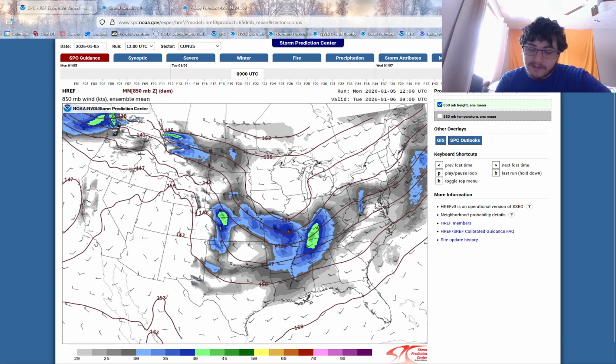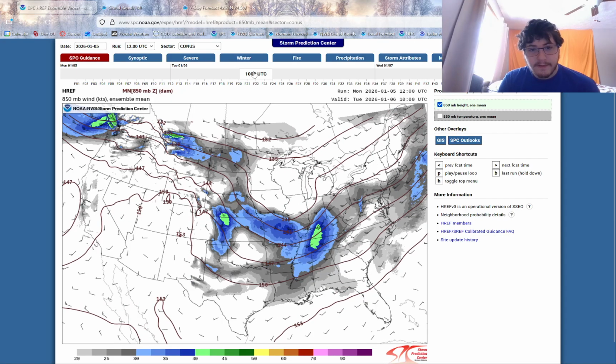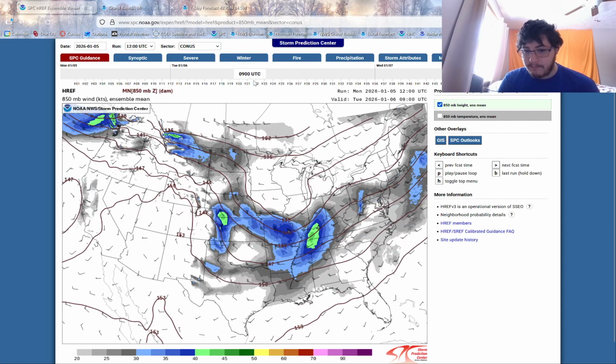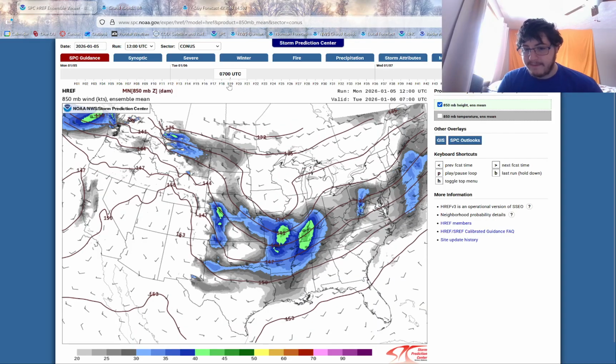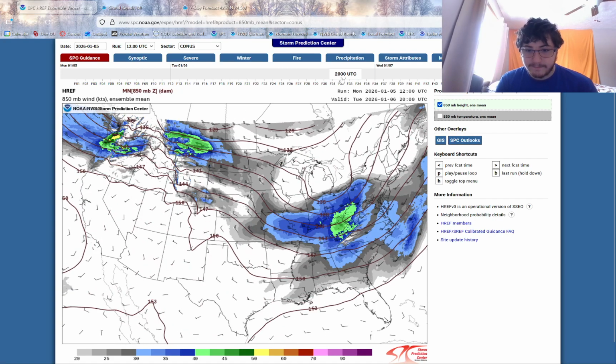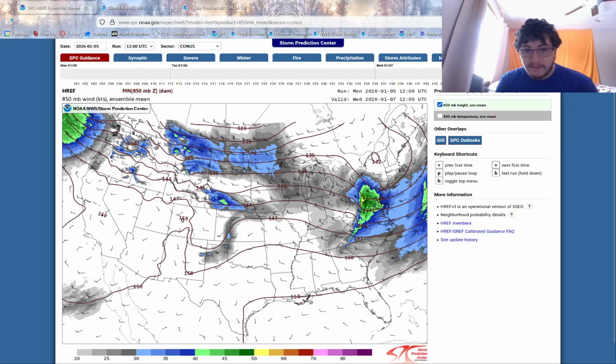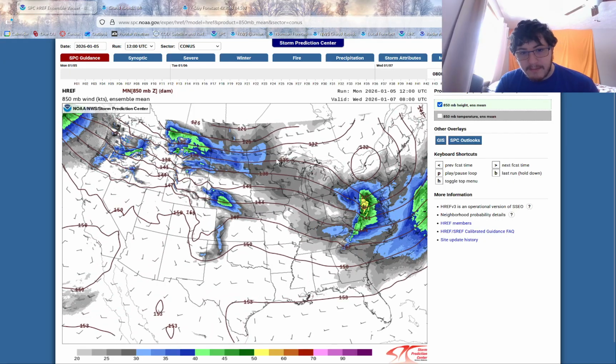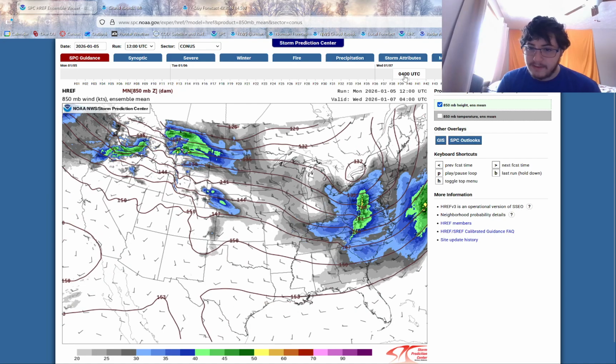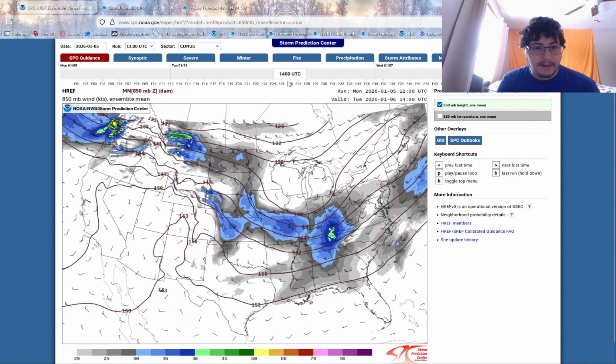Again, the winds aloft associated with this trough are not quite nosing their way into our area, but we are more than certainly going to be feeling the effects of this, especially with whatever low pressure system develops at the surface. And it does appear that maybe there is a low pressure system off the image here to the north in Canada that may be associated with that secondary system, but that is not exactly clear at this time.